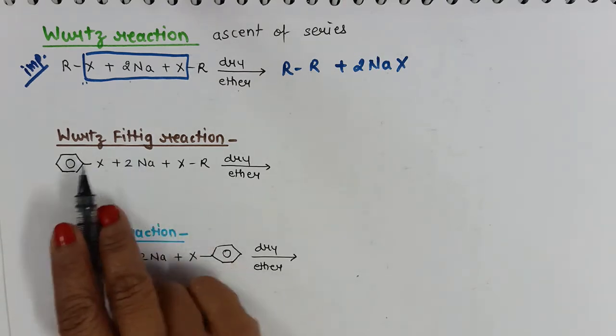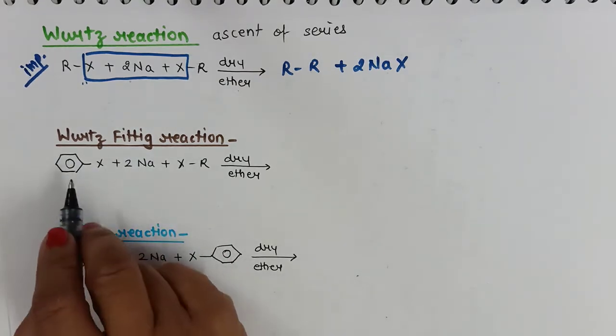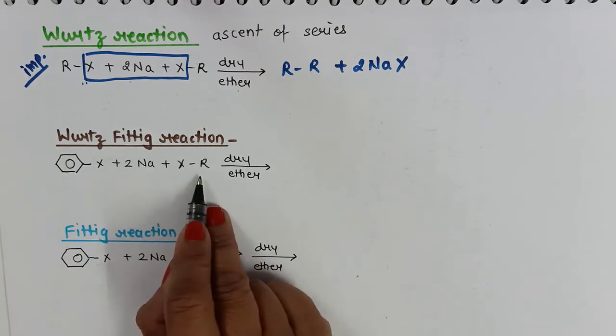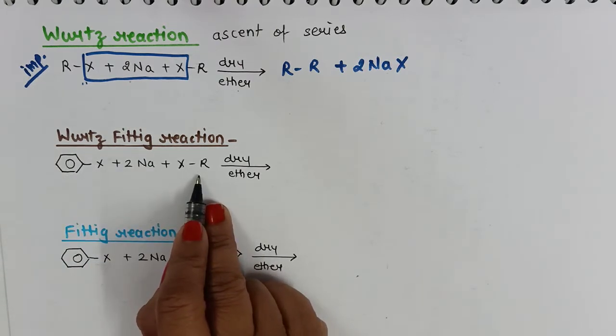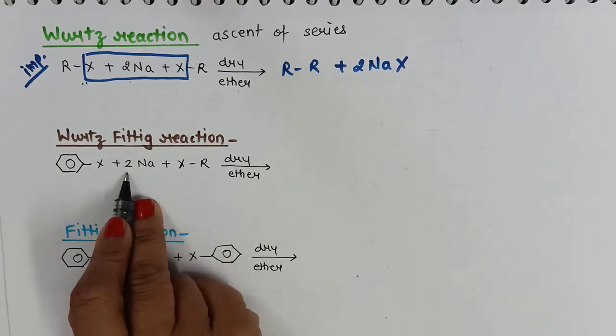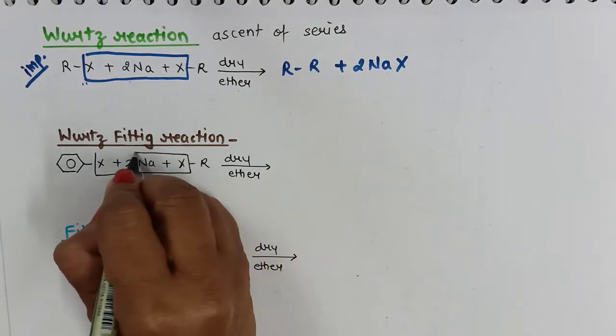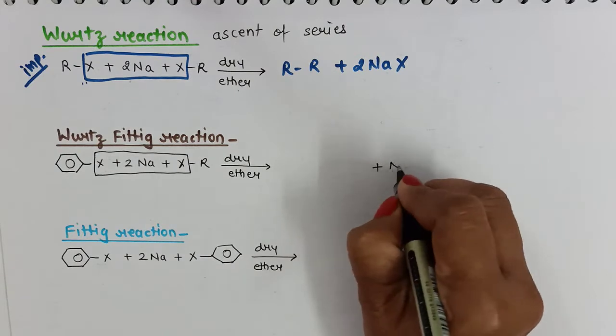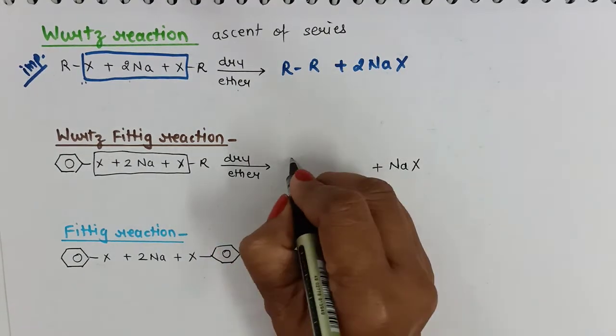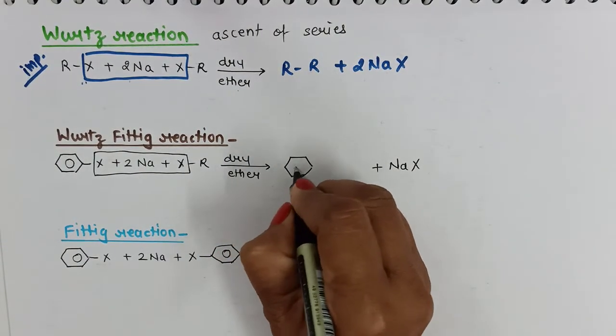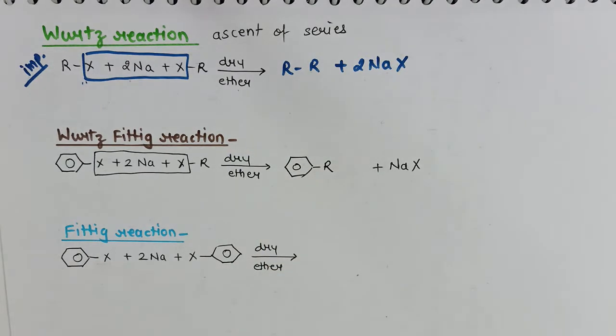Moving on to the next one, Wurtz-Fittig reaction. Here haloarene and haloalkane are made to react with each other in presence of sodium and dry ether. Again I will say that sodium halide will be removed as the byproduct and you will get alkylarene.